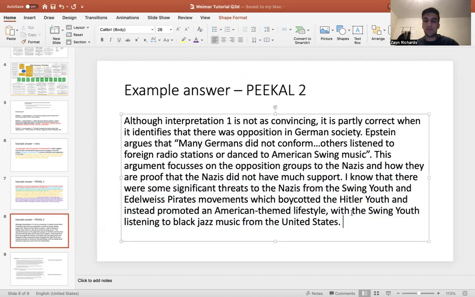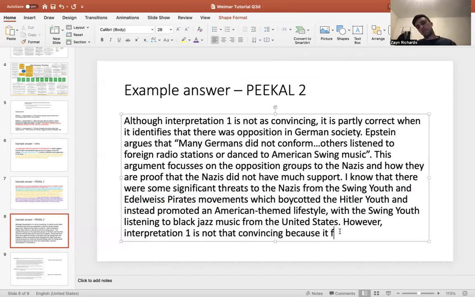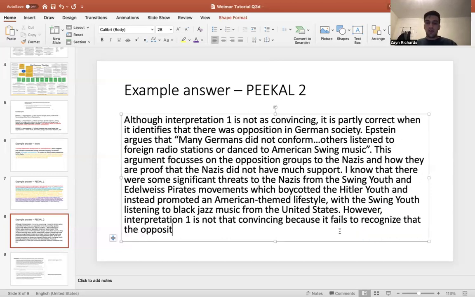So here is where I'm going to do my analysis now. And you're probably thinking, have you done two pieces of evidence? Swing Youth and Edelweiss Pirates, those are two separate pieces. And here I'm going to do my analysis and say, however, interpretation one is not that convincing because it fails to recognize that the opposition Hitler faced was often very small in scale.